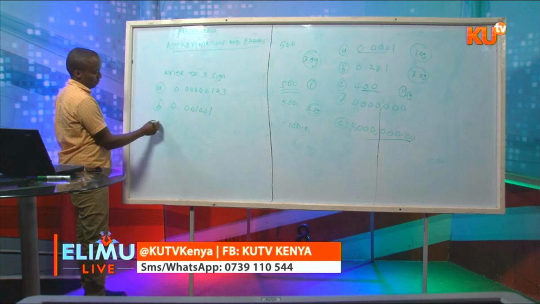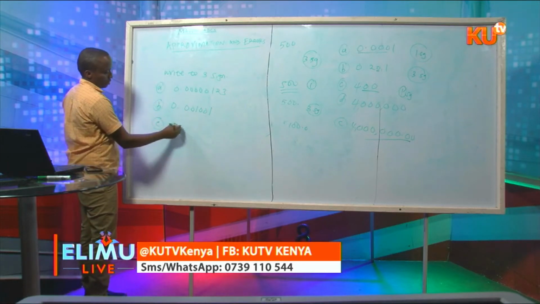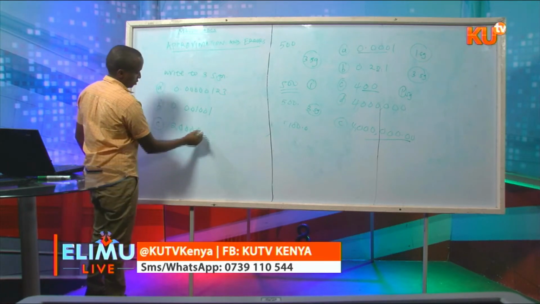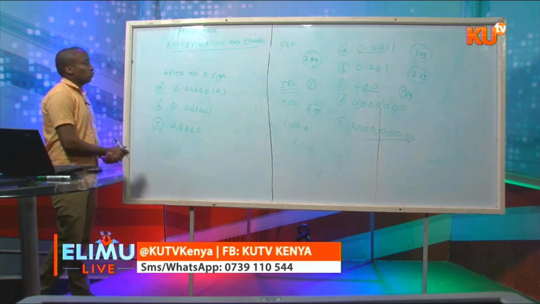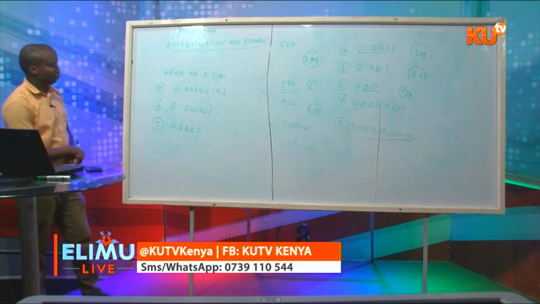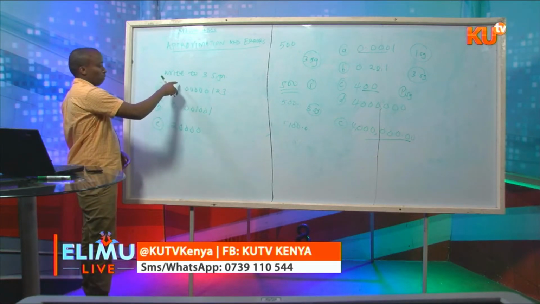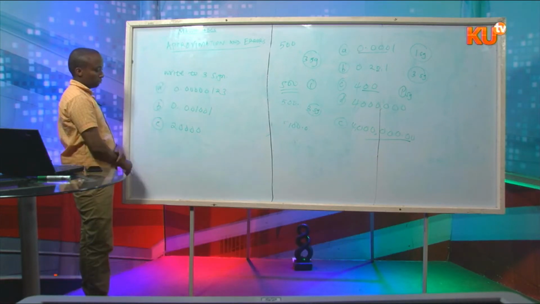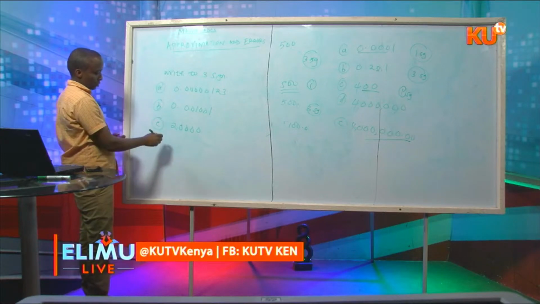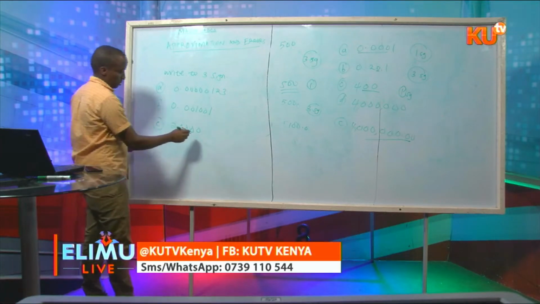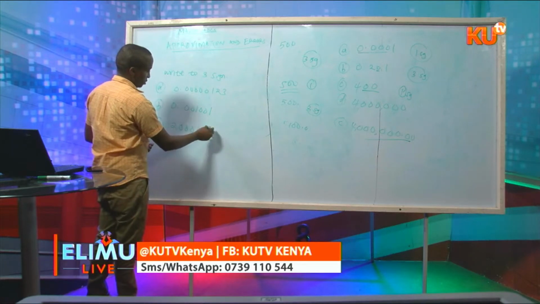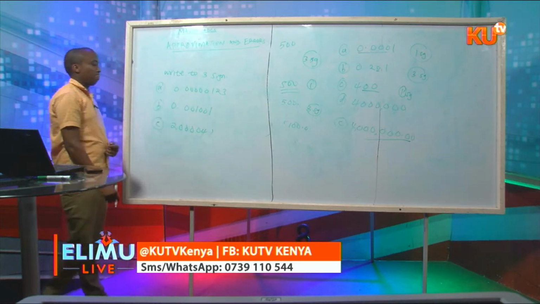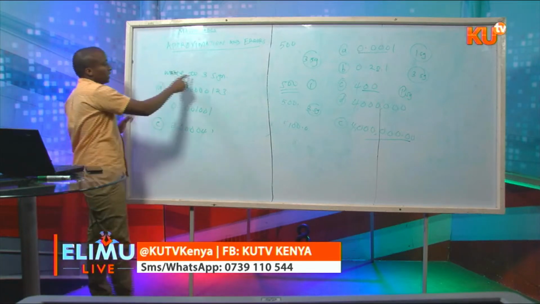So let us do those examples. Maybe here 4.1, like that. So the first one, we want to write in 3 significant figures.